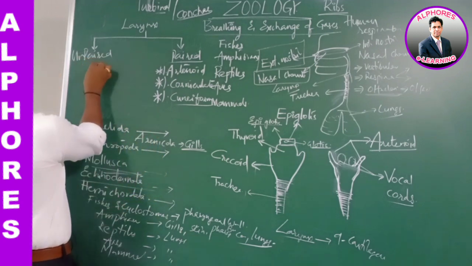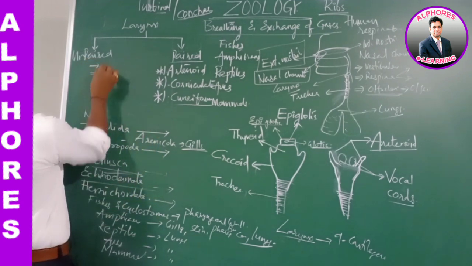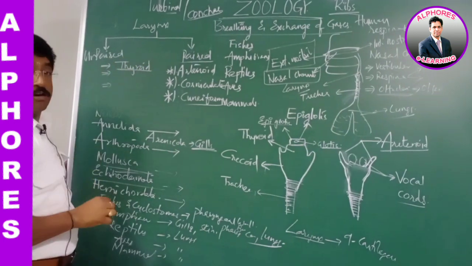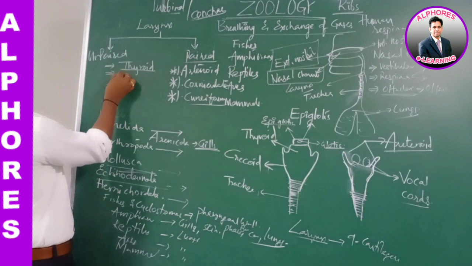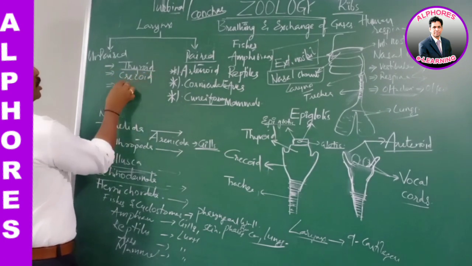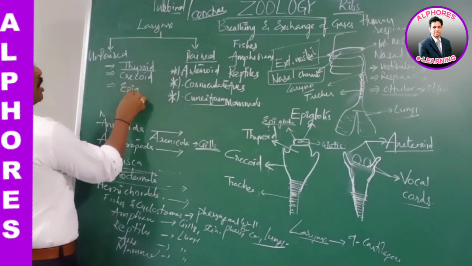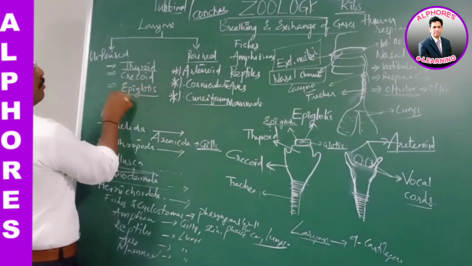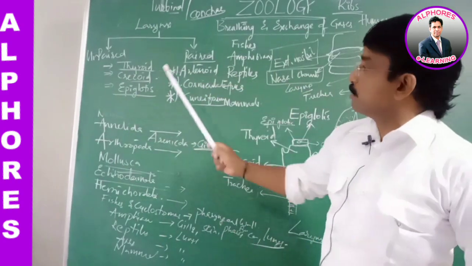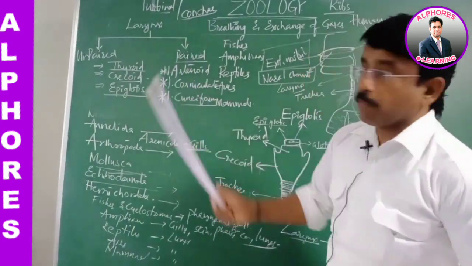So let us see the remaining three. One is thyroid. The largest cartilaginous plate is the thyroid cartilaginous plate. Next, the cricoid. And the third one is the epiglottis. Now you are clear with the 9 cartilaginous plates. The 9 cartilaginous plates are both paired and unpaired.